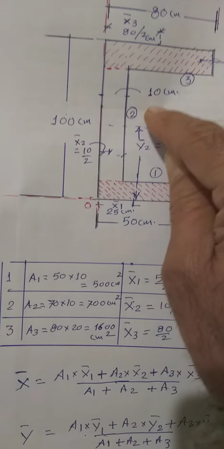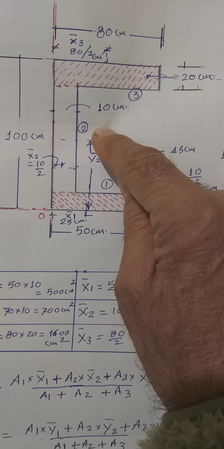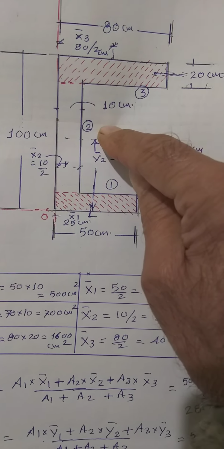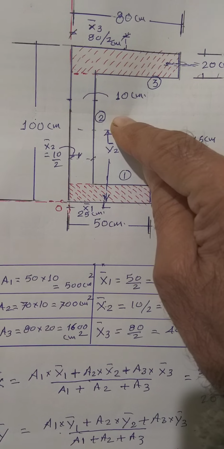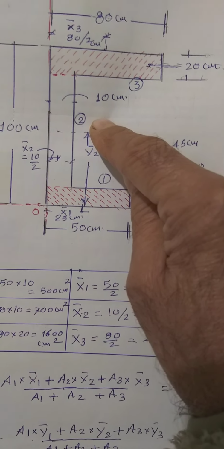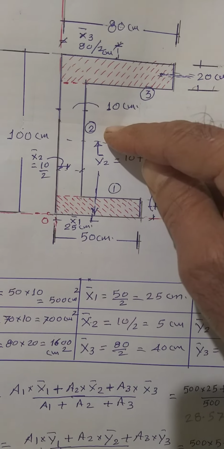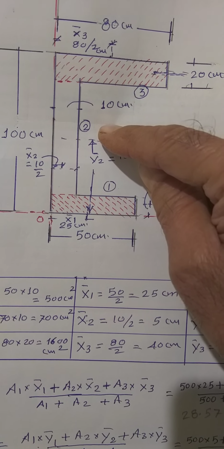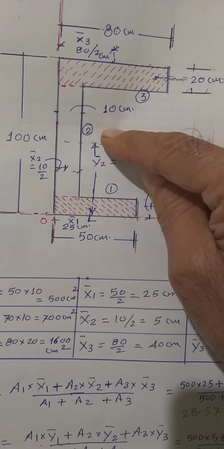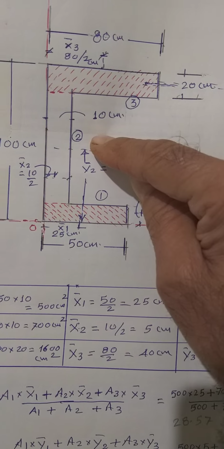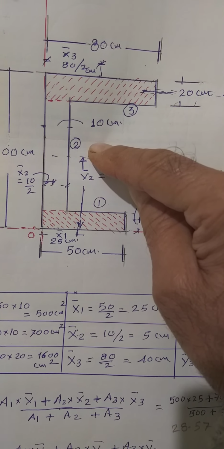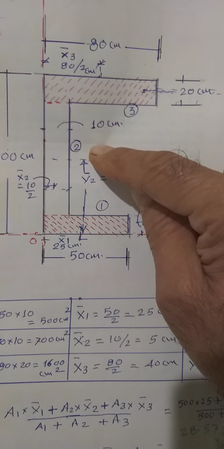So this is the point of center of gravity of a composite section having three sections individually joined together to form a composite section. Again, this is not lying in any of the three sections, but it is away from them, outside the figure.